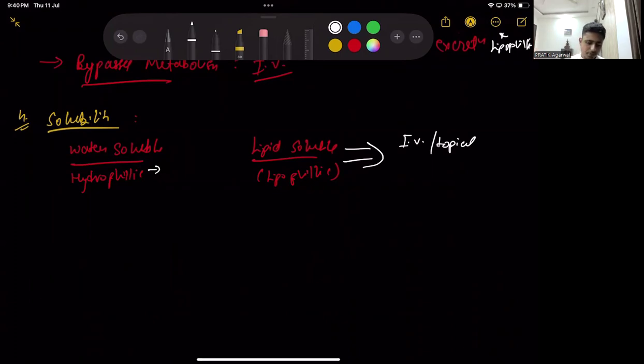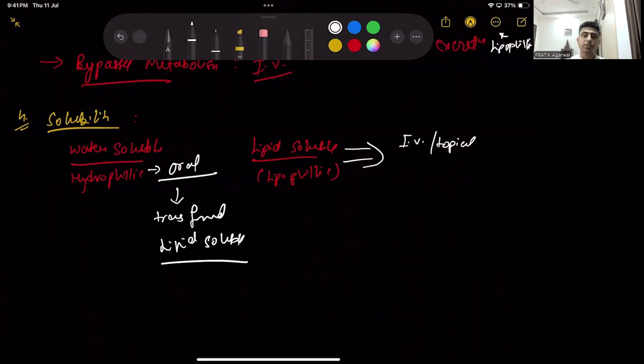So that is why, for example, water soluble or hydrophilic drugs are given through the oral route. When given orally, it gets absorbed into the bloodstream. But when it gets to the liver, it gets transformed to lipid soluble.